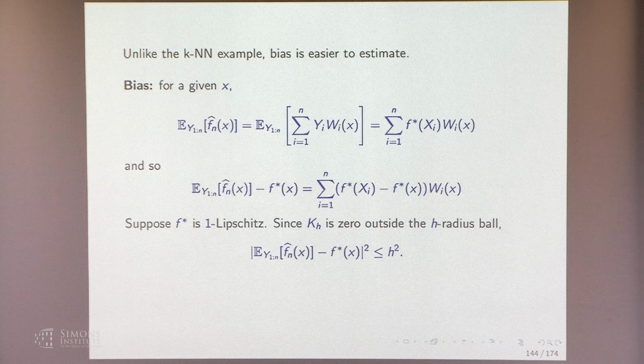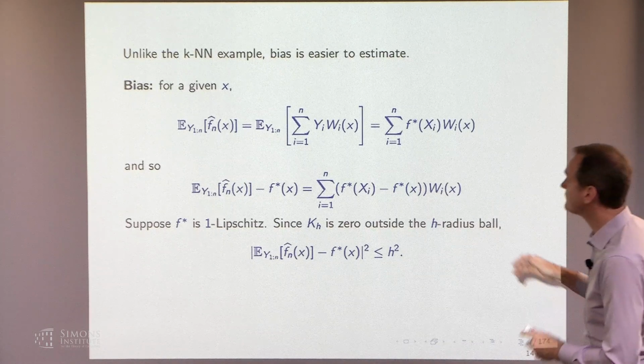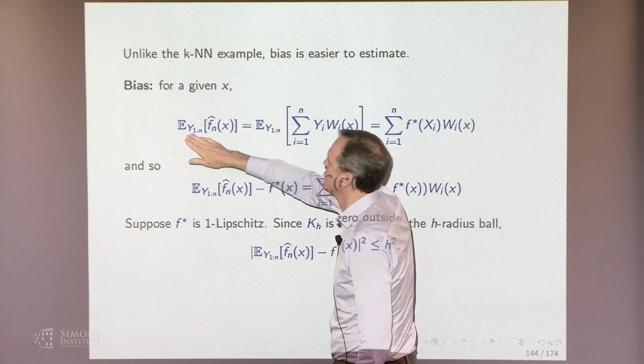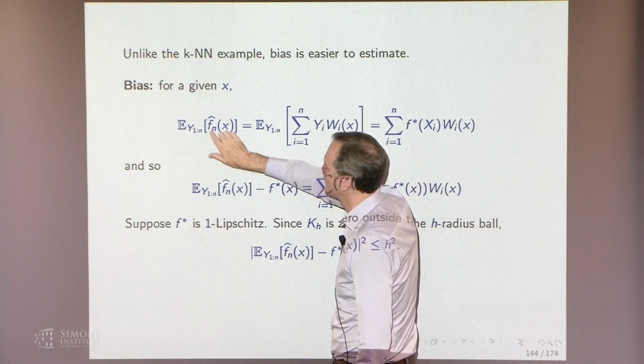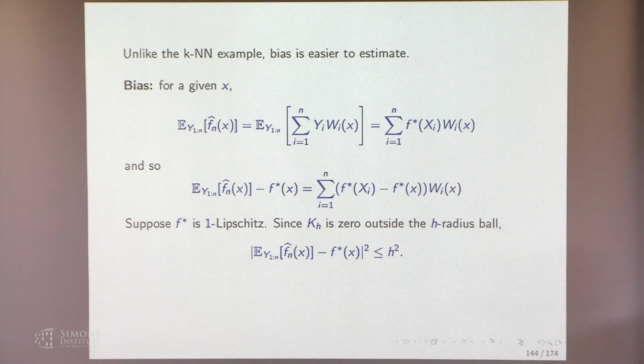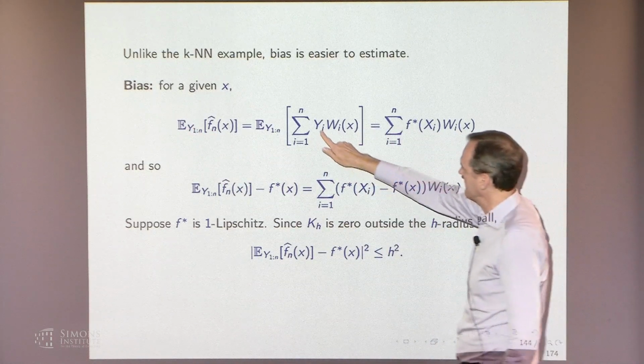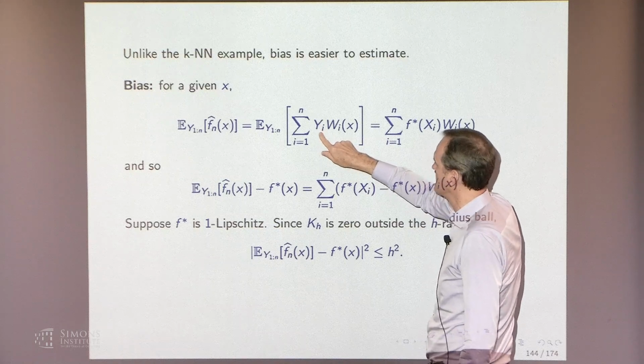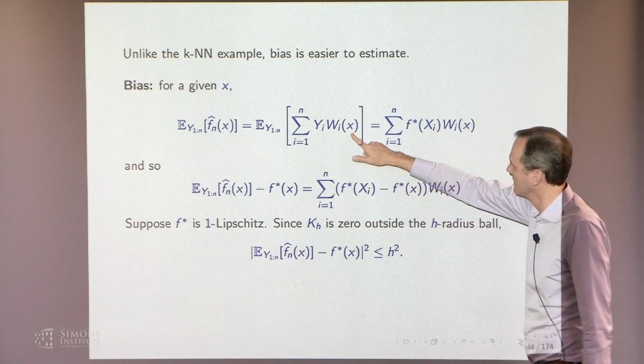Okay, so here the bias is nice and easy to estimate. So the conditional expectation of our predictions when we average over these y's and fix everything else, we're just taking the expectation of these y's weighted according to the x.